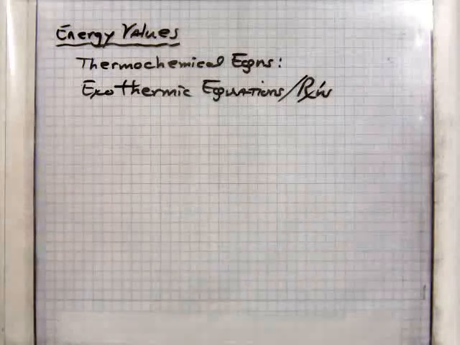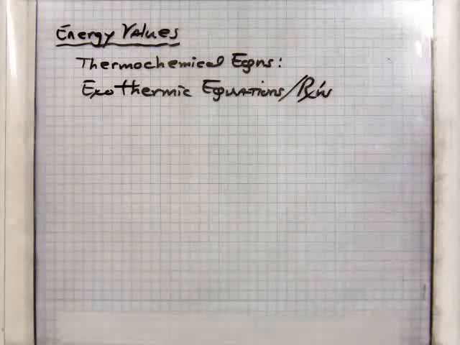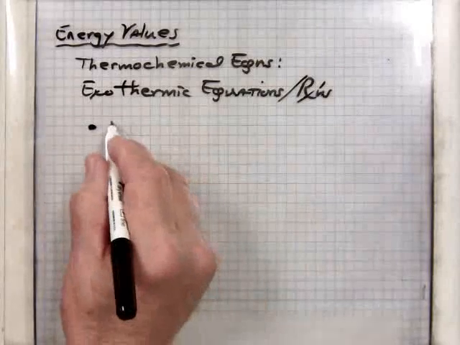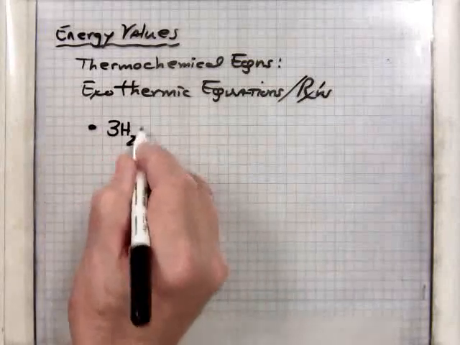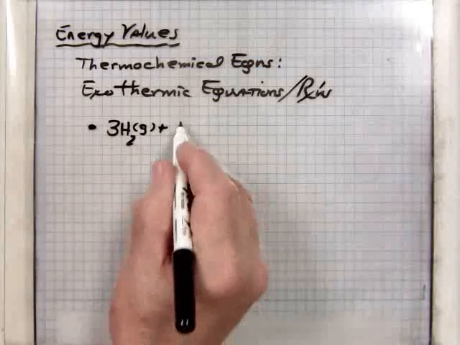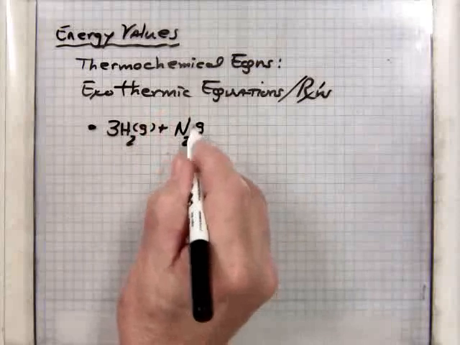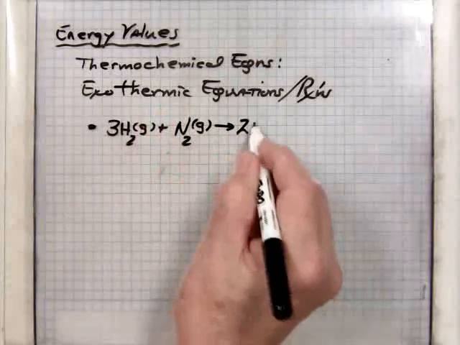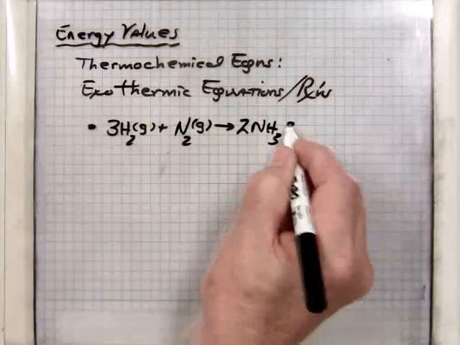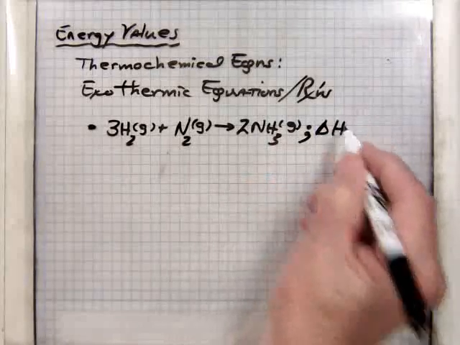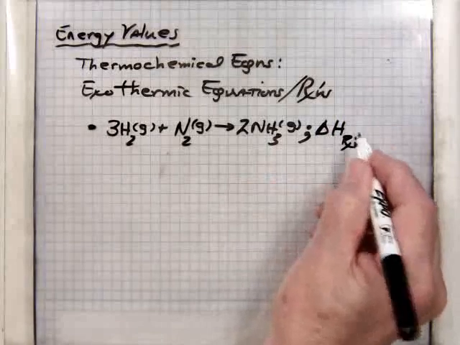Separate the energy number from the equation, that's one way, or incorporate the number into the equation is the second way. So the first way is, say, 3H2 gas plus N2 gas goes to 2NH3 gas, semicolon, and this is called an enthalpy number, heat of reaction.